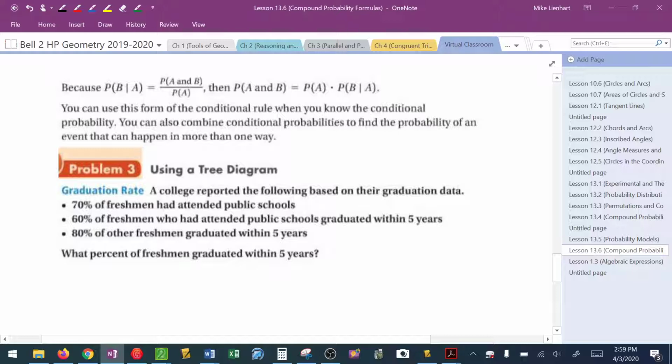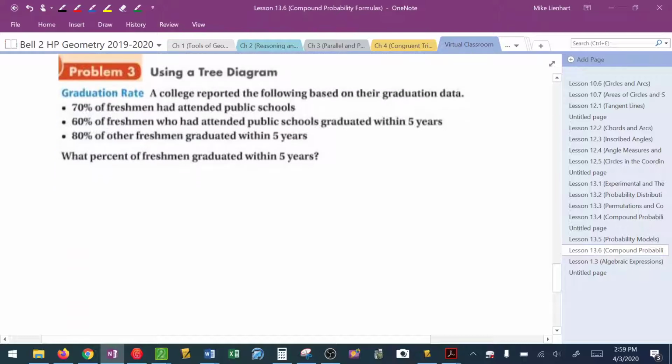So, for example, one way that I like to do these is using a tree diagram. And what I'm going to do with this tree diagram is try to organize all this information and data that they give us. Okay? It says a college reported the following based on their graduation data. I notice all the data is talking about freshmen. So I'm going to start off by saying, all right, if I've got freshmen, I know that 70% of them attended public school.